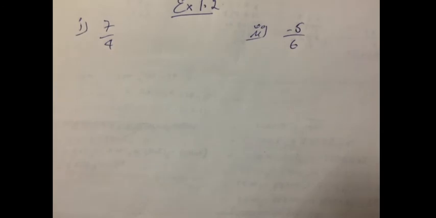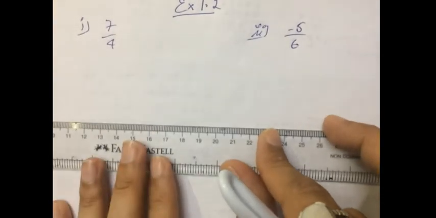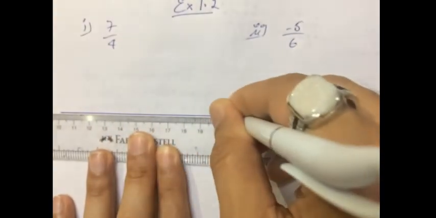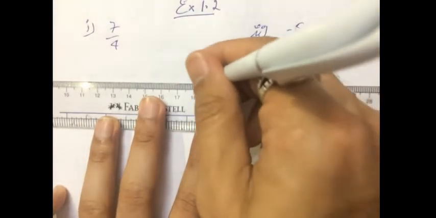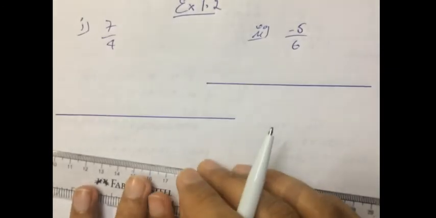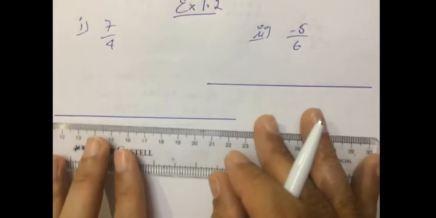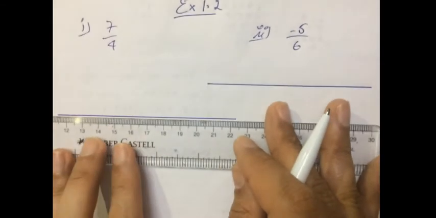This is a question and you have to draw both these numbers on a number line. First we will draw a number line. Let's say this is our number line. I am drawing two number lines. The lower one is for 7 by 4, upper one is for minus 5 by 6. I'll mention the points over here.